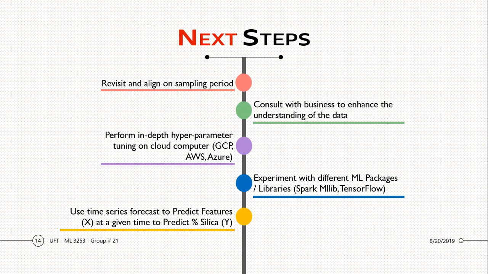Then we will also experiment with various ML packages to see which one tends to perform better than the other. Lastly, we want to perform time series forecasting of our features such that the target variable can be predicted ahead of time. For example, predict sensor values based on historical data and run it through our trained model, which will end up predicting the target variable.